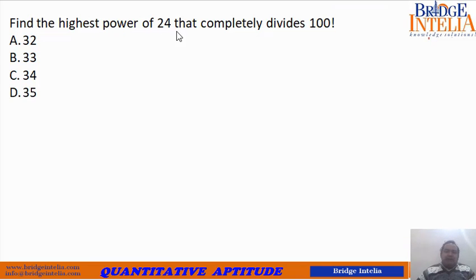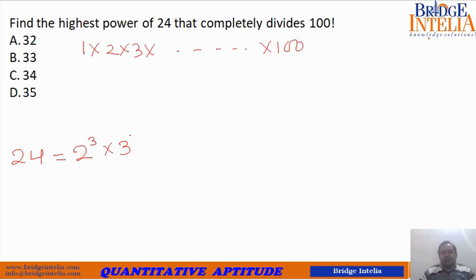Now let's see. Find the highest power of 24 that completely divides 100 factorial. Now 24 is not a prime number. If you prime factorize, this is 2 cube into 3 to the power 1.